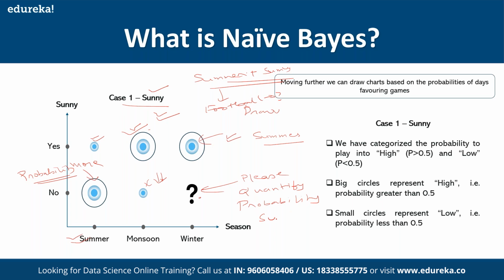That it is sunny and it is winter time. What you need to give as a data scientist, I am asking all of you, please quantify for me: what is the probability of no, given the weather conditions are sunny and winter? This is the question you need to answer.